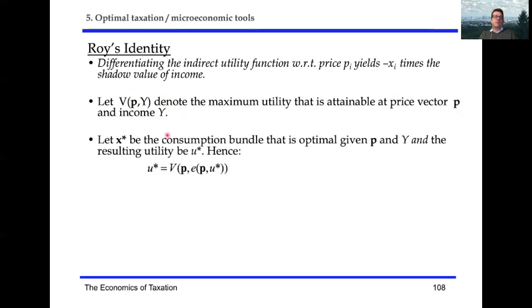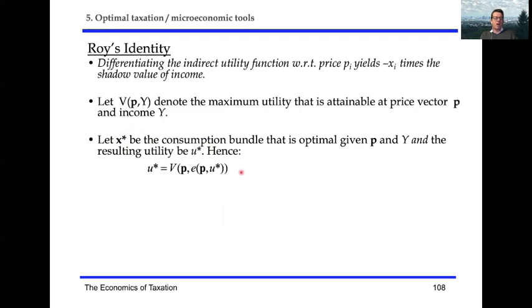Now, if we want to maximize the indirect utility, we have to choose the appropriate consumption bundle. Let's assume that given our price vector P and our income Y, X star is that consumption bundle that is optimal in that case, and that the utility that can then be attained is U star.